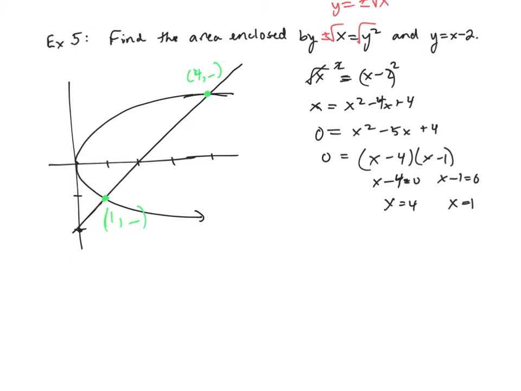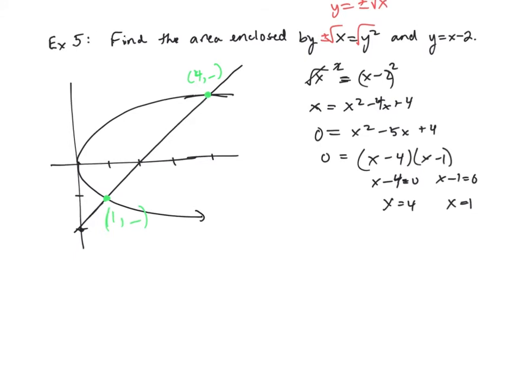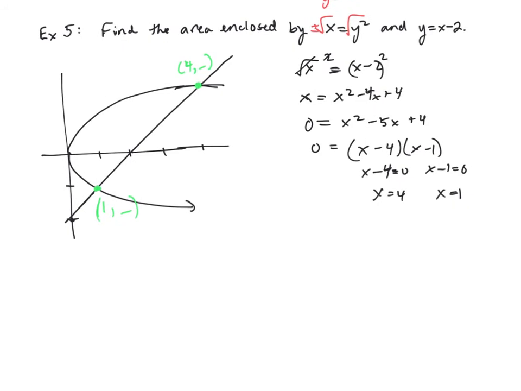So I am ready to set up my integrals. And remember that we need to do top curve minus bottom curve. I'm noticing right away that my top curve is the same, but my bottom curve changes, because again, I actually have three functions here.